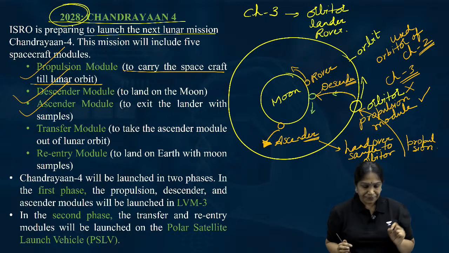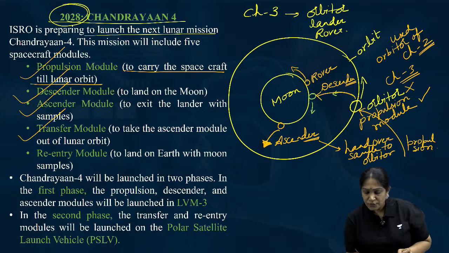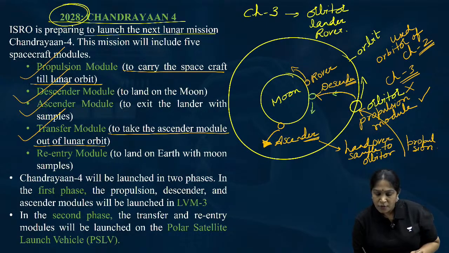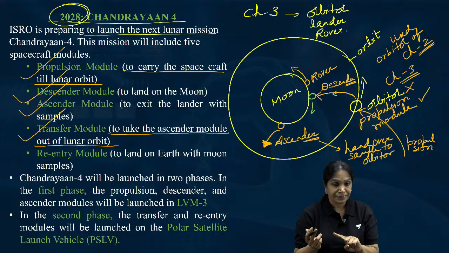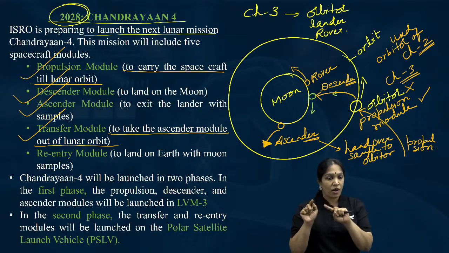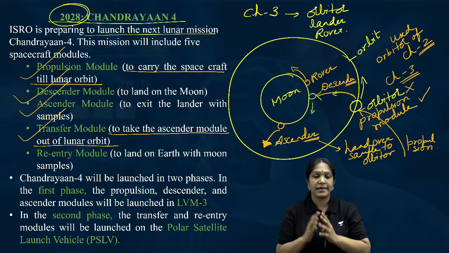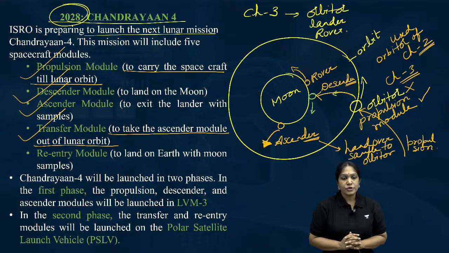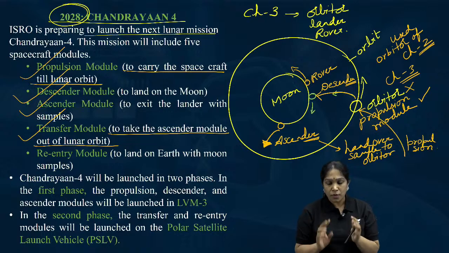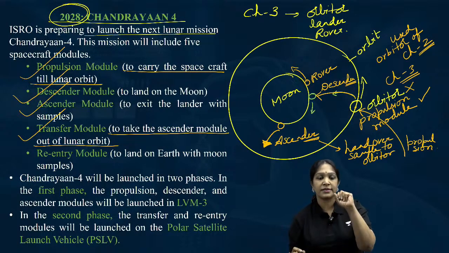Okay, right. Next one, transfer module. This is to take the ascender module out of the lunar orbit. Means, should we collect the sample only till the orbiter, or are we planning to bring the lunar sample onto the earth? Everybody answer this. Very good.